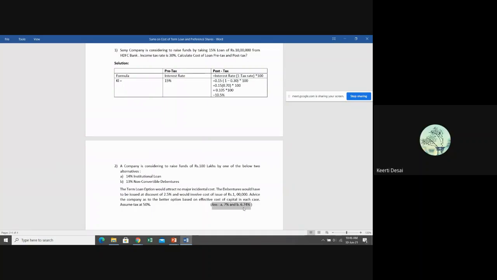Option B. What's the reason? Low cost. Very good. Since it carries a low cost, the company should go for this option. Under both options you're going to get finance of 100 lakhs only, but the cost involved is lesser while issuing non-convertible debentures. Therefore, the company should opt for this.